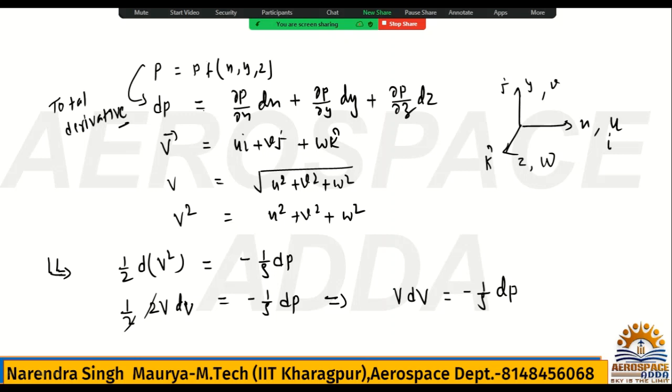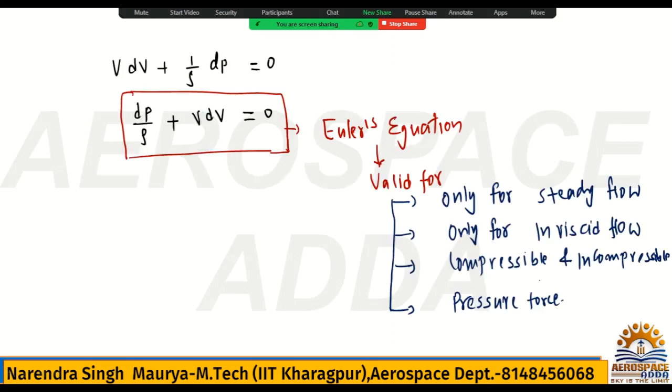Here I have mentioned only pressure force, because it is in derivative form. So it is valid for both compressible and incompressible flow. Only for inviscid flow because of the assumption you have taken, and only for steady flow because you have already taken that assumption. This is important. This is called Euler's equation.